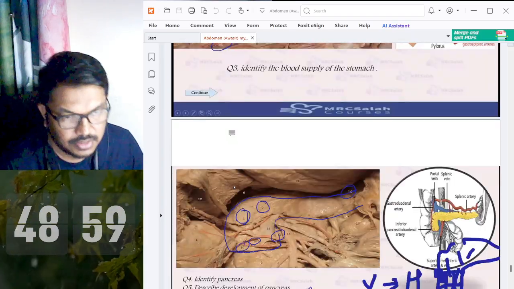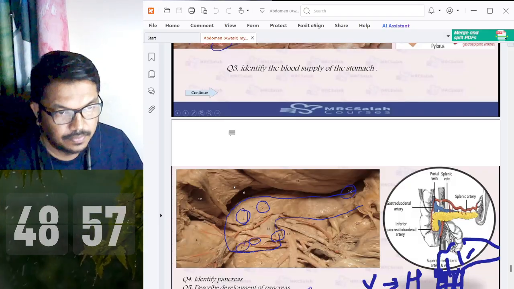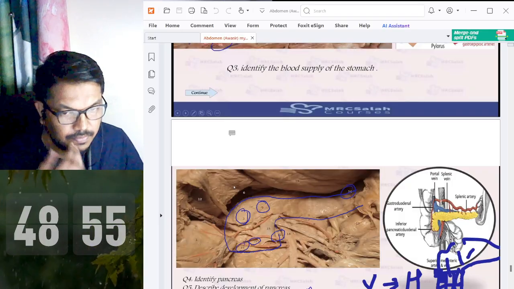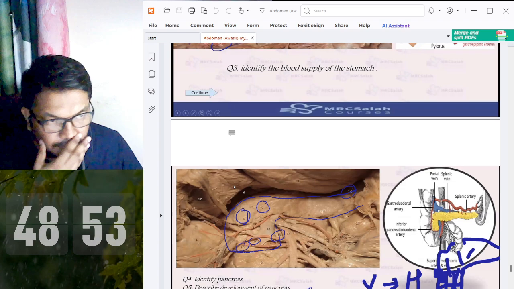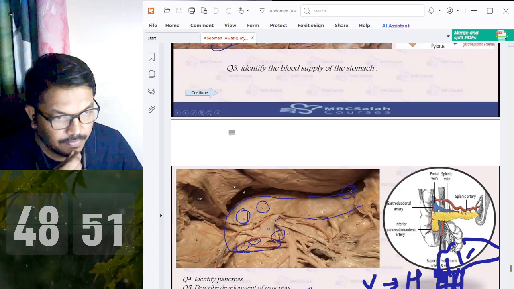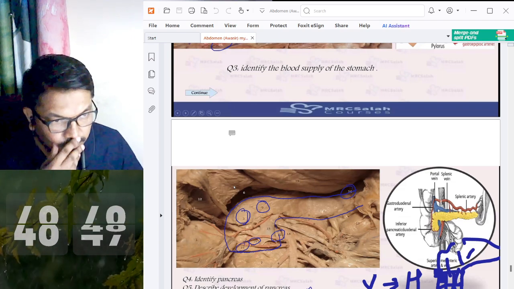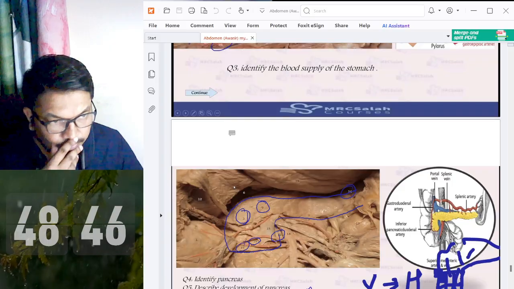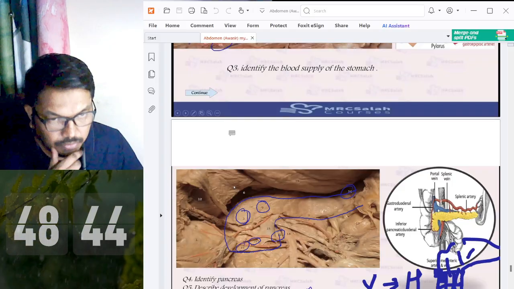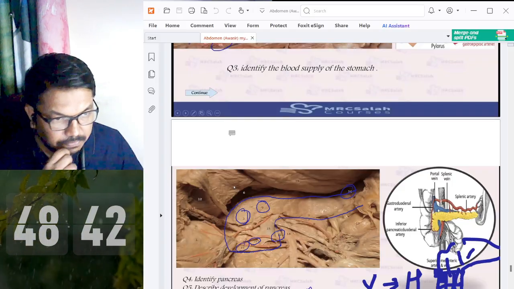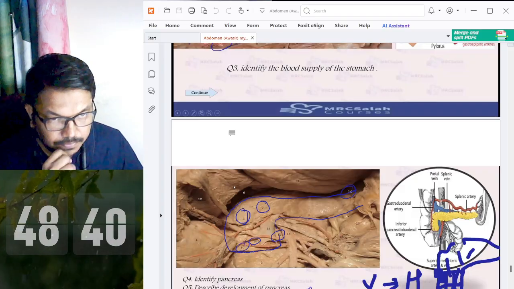Identify the pancreas. Number 3 is the head of the pancreas, number 9 is the neck of the pancreas, then the body, then the tail. To which number is the tail? I can see the number.